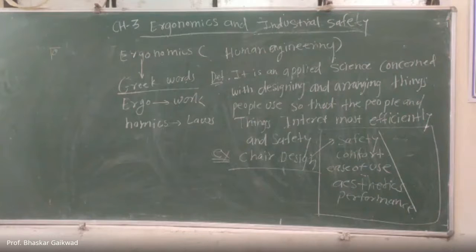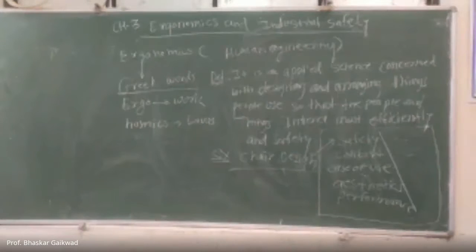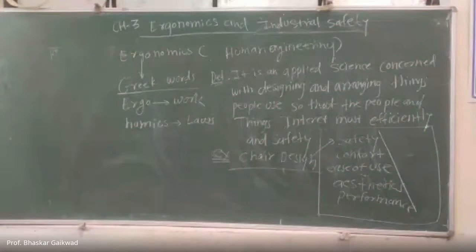It is one of the applied sciences, and it is connected with designing or redesigning or arranging things. Things means machines, products, etc. Those are used by people, so that people and machines have good interactions, and the work gets done with good efficiency, no stress like this.